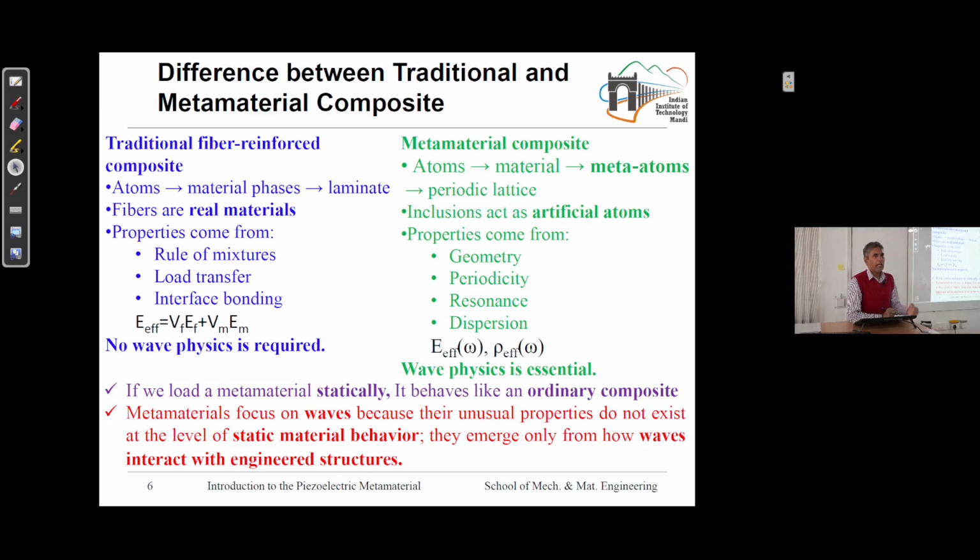Suppose you have a structure, for example a cantilever beam. If you apply a load F, and suppose this load is a static or constant load, then this metamaterial is just like a traditional composite material, because in that case we do not have any omega.